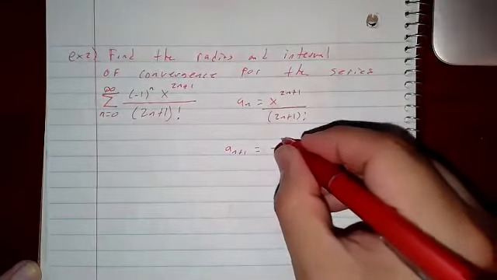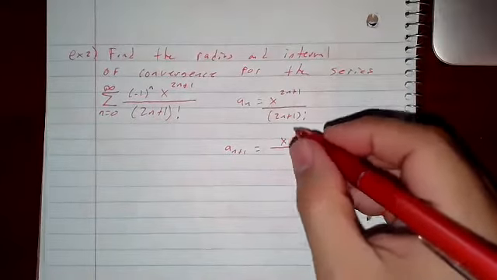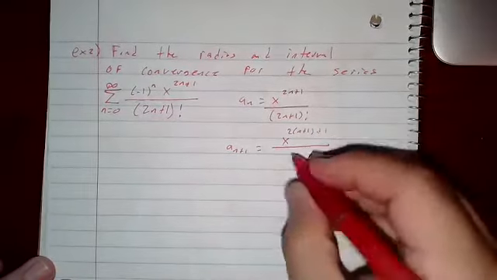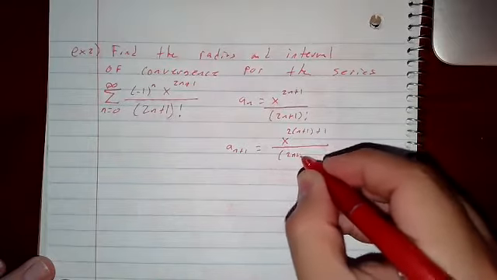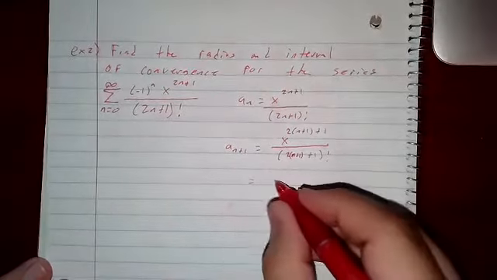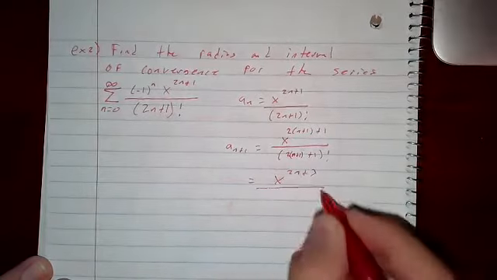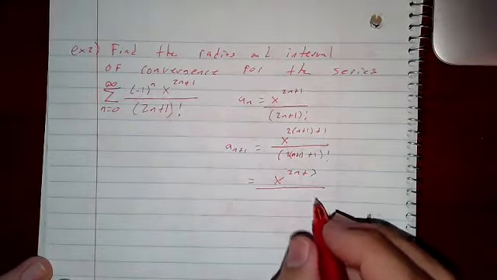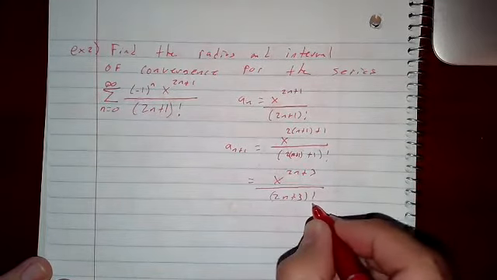Would be x to the, what would that be? I'll just go ahead and write it. I'll do an extra step, so I don't make a mistake here. So that'll be 2n plus 3 over 2n plus 3 factorial.